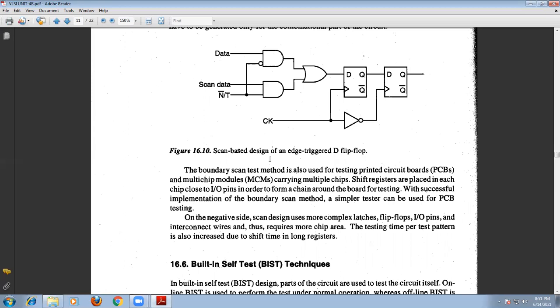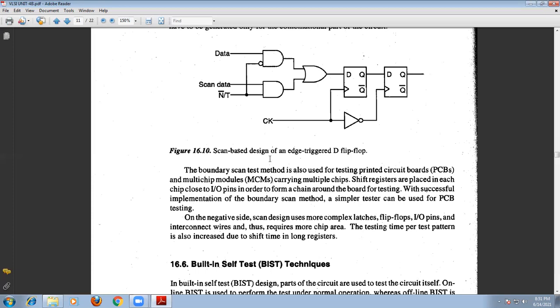Level sensitive scan design removes the hazards and races in the circuit, and because of this scan path technique, automatic test pattern generation is also simplified.